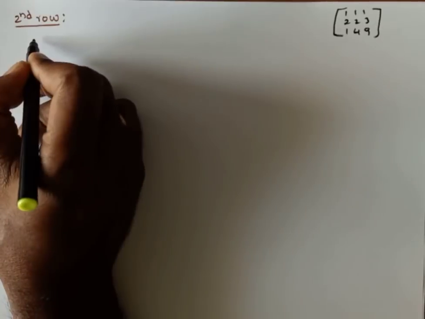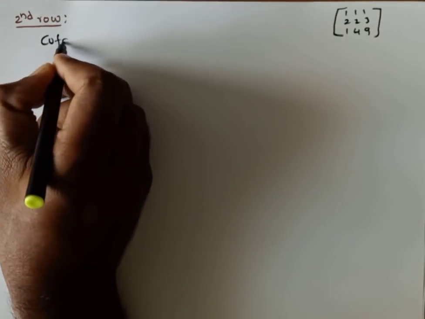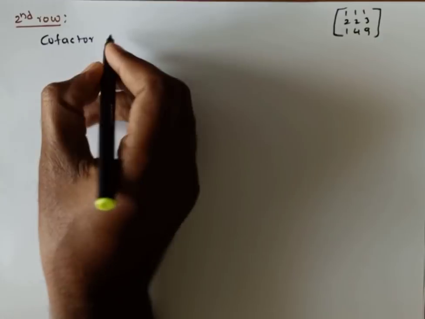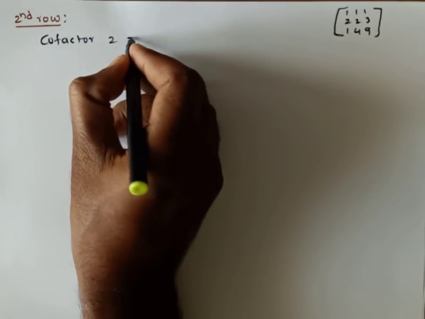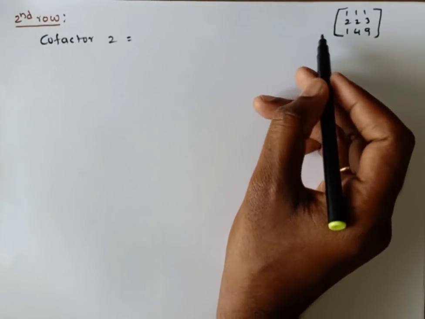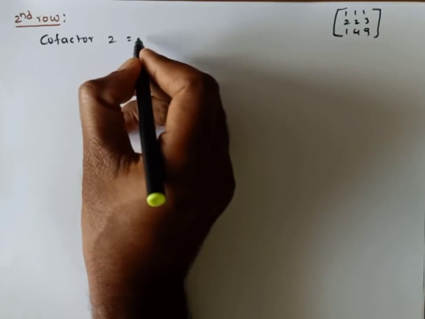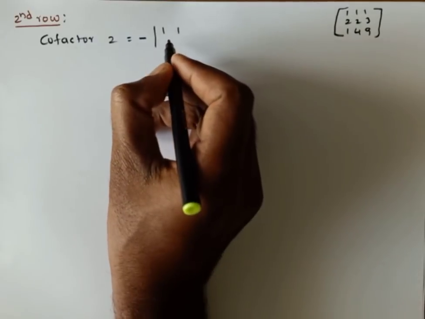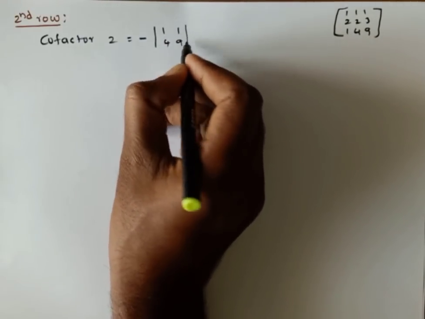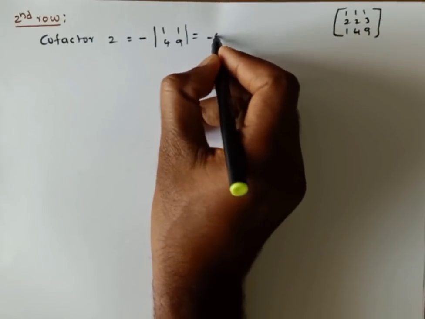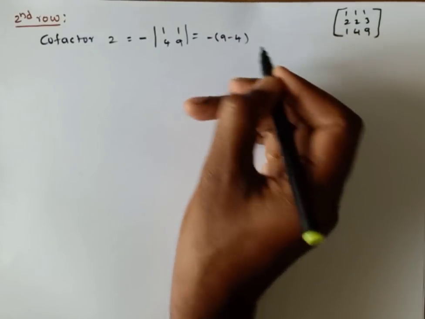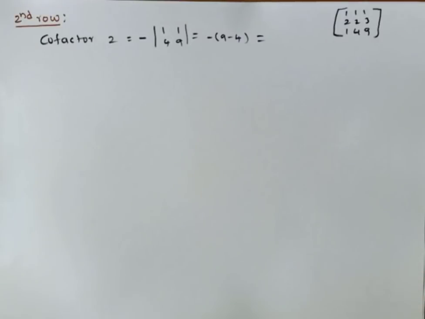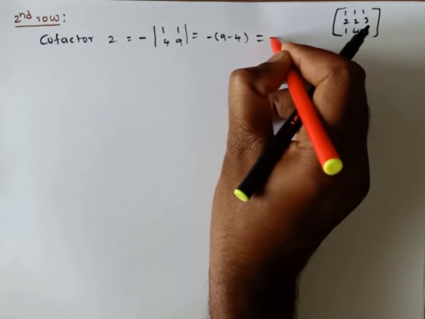Now the first element of the second row is 2. It is present in the second row, first column, therefore the sign is negative, times 1 1 4 9. This is minus of 9 minus 4, which is minus 5.